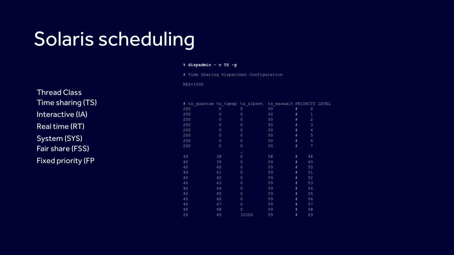What Solaris does is it defines processes as one of multiple classes. Most things are assigned to the time-sharing class. And each one of these things is given a priority level. The lower the priority level, the more time it is allowed to run. So the scheduling algorithm goes like this.